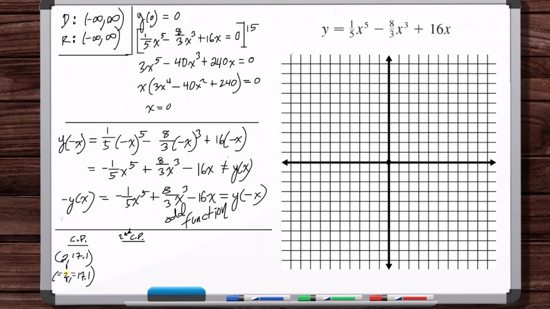So we've got the second critical points. Two of them are at the same position as the first critical points. We've also got one at (0, 0), a second critical point.